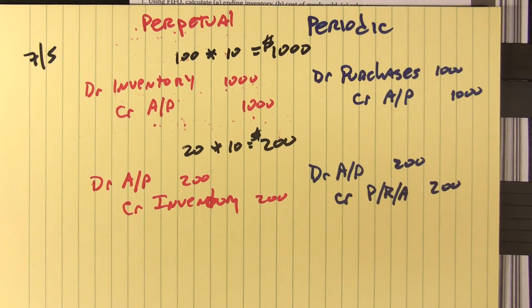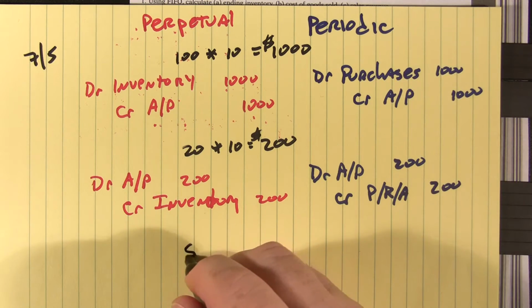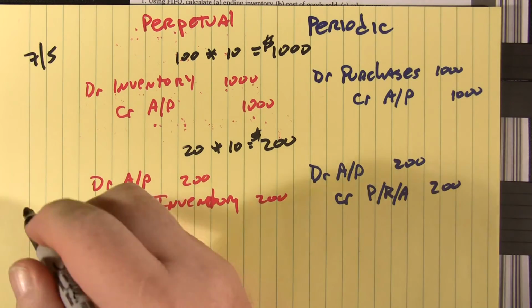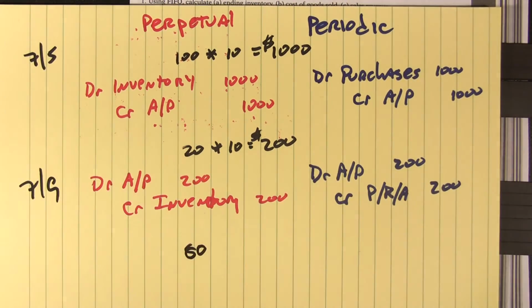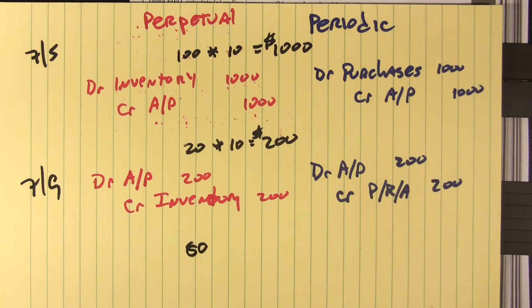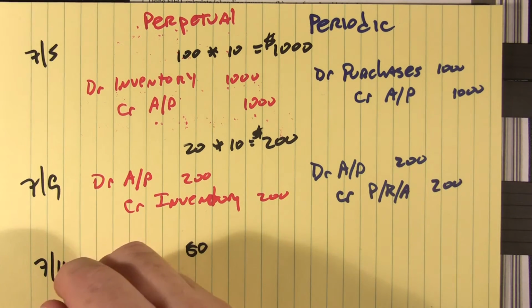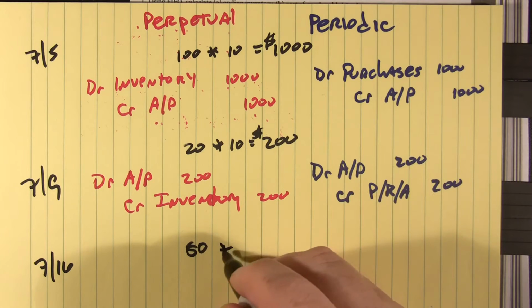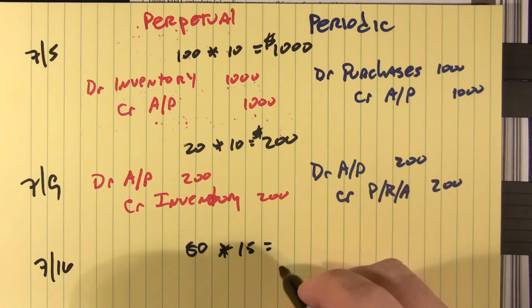And then finally, on July 16th, we sell all 80 of these units. This was July 9. Sorry, I should put those dates down for you. Then on the 16th, 7/16, we sell those 80 units, and we sell them for $15 each.